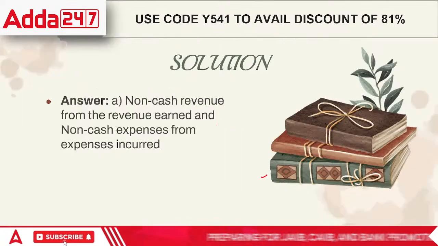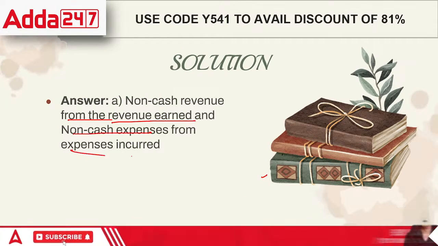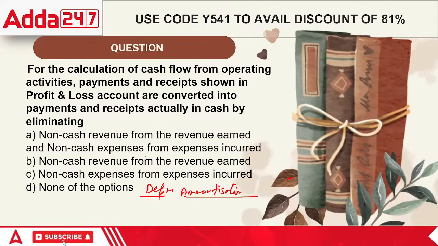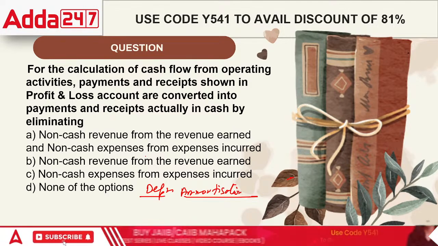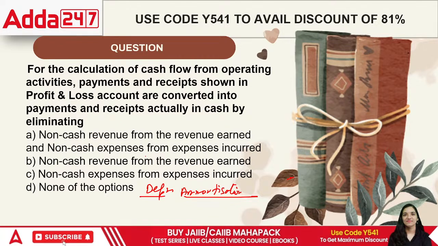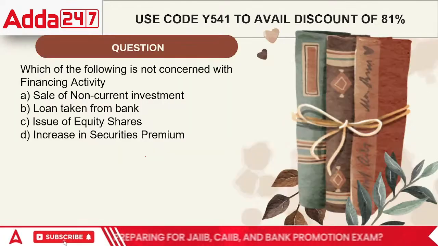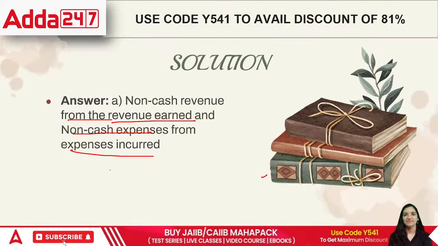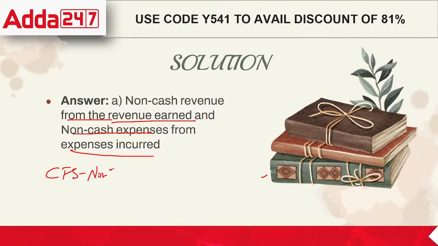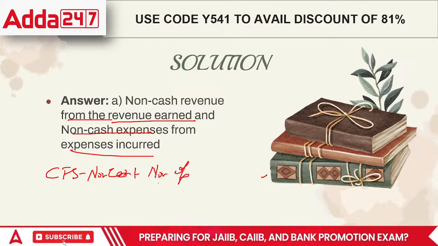So it is non-cash revenue from the revenue earned and non-cash expenses from the expenses incurred, in terms of both expenses and revenue which do not belong to our business at all. So that is non-cash and non-operating, which is the exact point when we talk about the CFS. In terms of the CFS, it is non-cash plus non-operating.